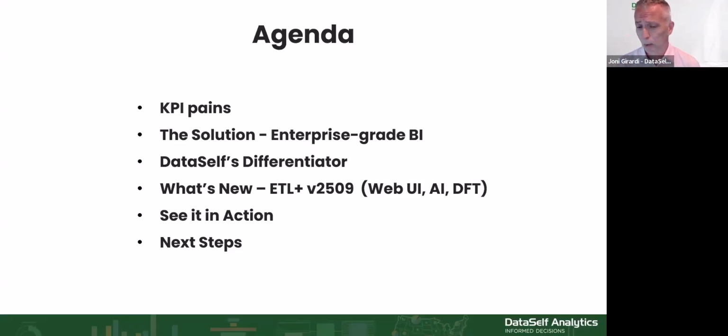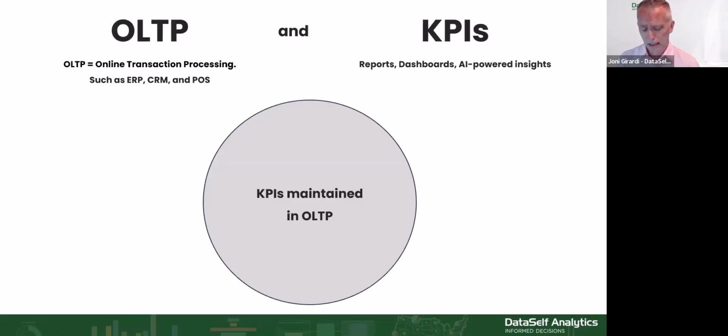We'll talk specifically about what's new with this new DataSelf release. We'll see a little bit of it in action, and we'll talk about next steps. This session is mostly around the business value, so we'll talk a little bit about the tech, but hopefully not too much.